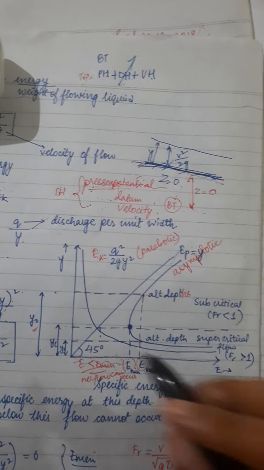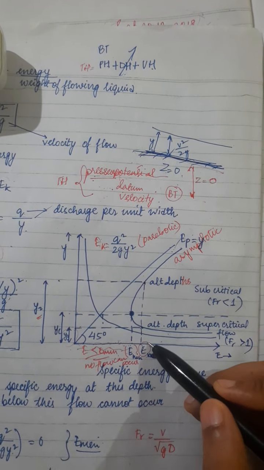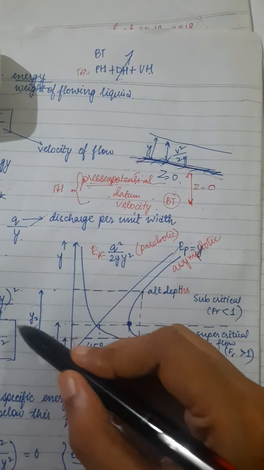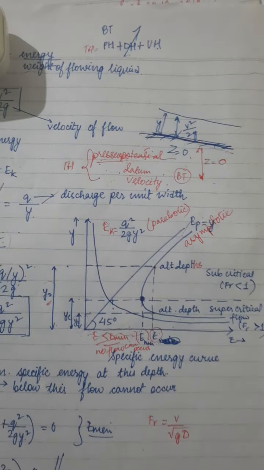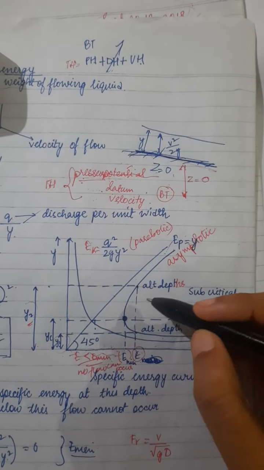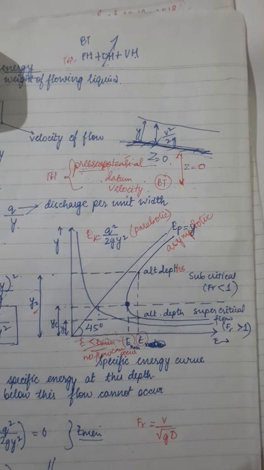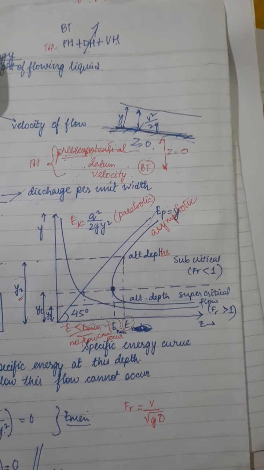In some condition this depth can provide the same energy, and in some condition this other, huge depth can provide the same energy, okay. That happens because of two things: the concept of subcritical flow and supercritical flow.